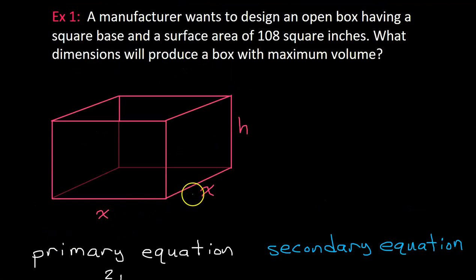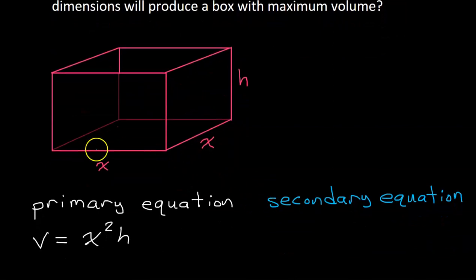For the secondary equation, we need to look for the additional piece of information that we're given. And here we see that the surface area has to be 108 square inches. Remember that this box has no lid. So an expression for the surface area will include the area of the bottom, which will be x squared, plus the 4 sides.